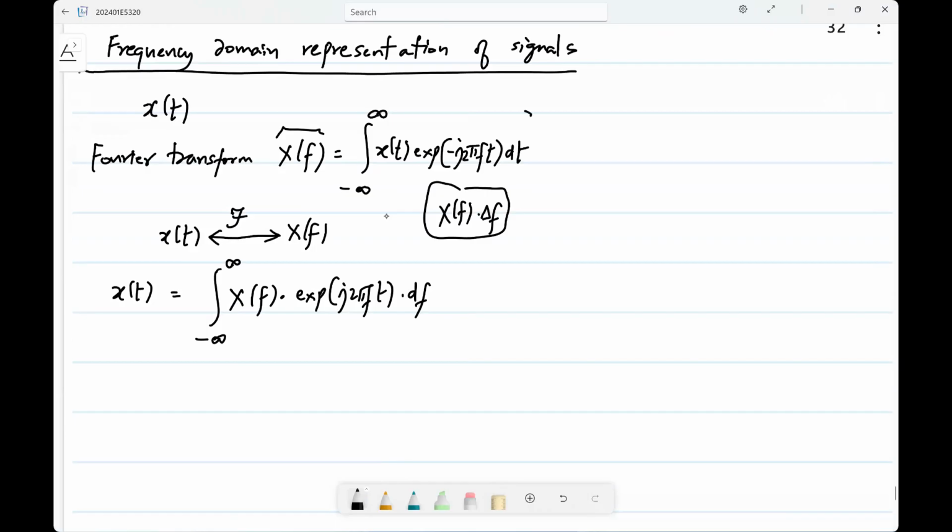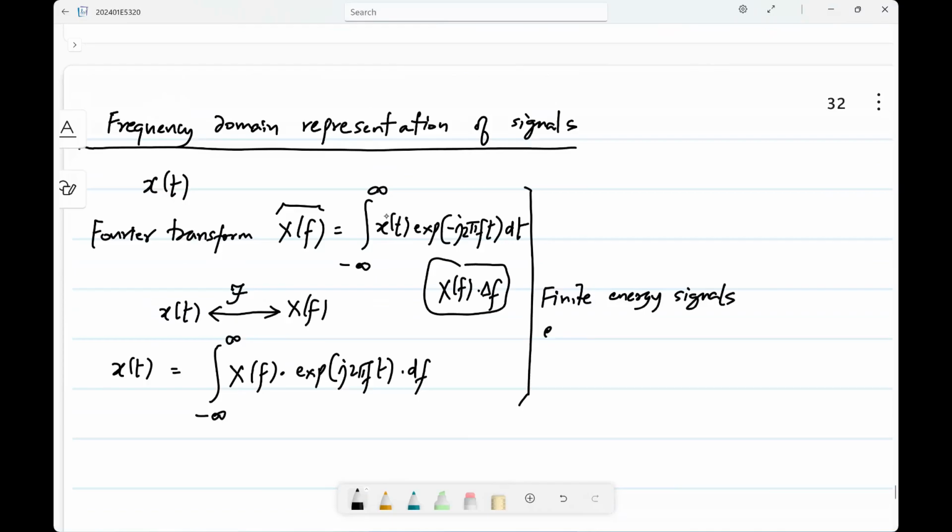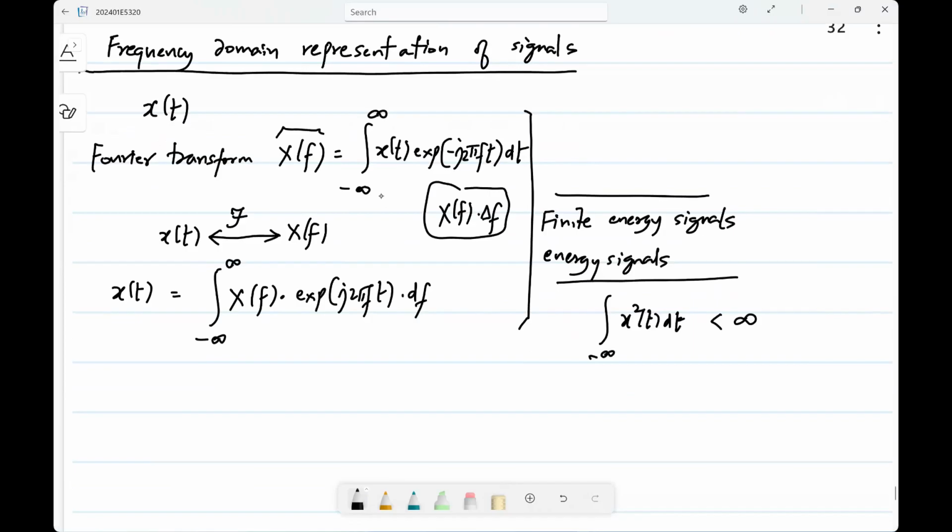So this is applicable only for finite energy signals, which are many times simply called energy signals, right? So that has to be satisfied.